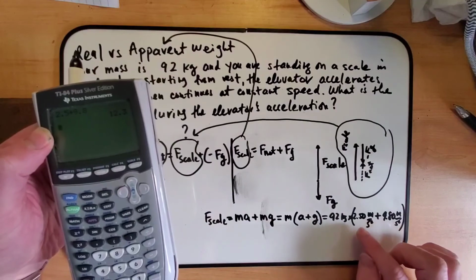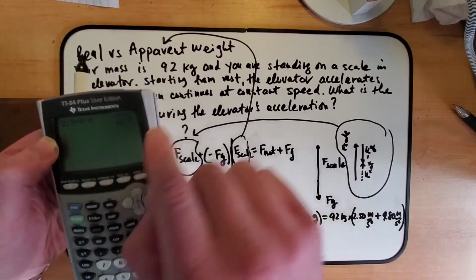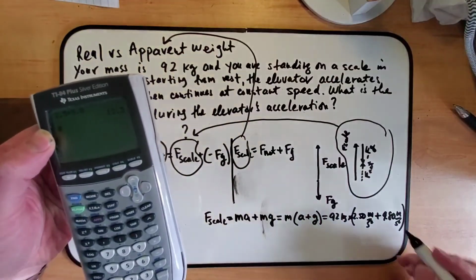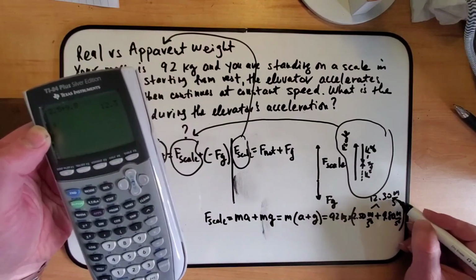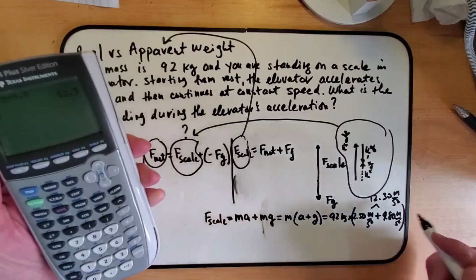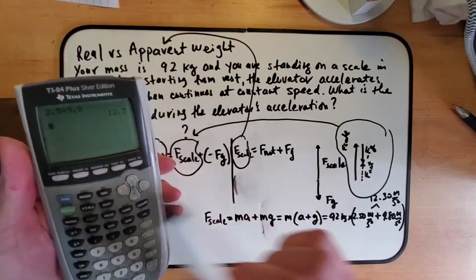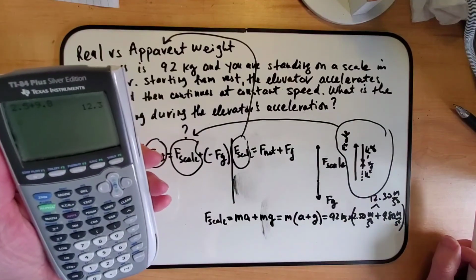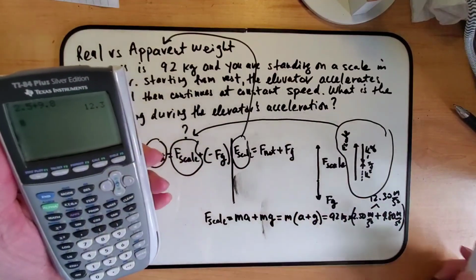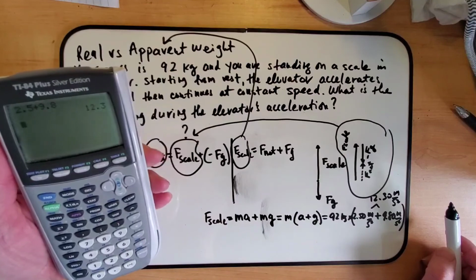So in this case, we round off to the hundredths place. My answer here is 12.30 meters per second squared in the parentheses. So I got 4 significant figures. The reason I did not add zeros is that it would still give me the same answer. The calculator does not know the significant figures.